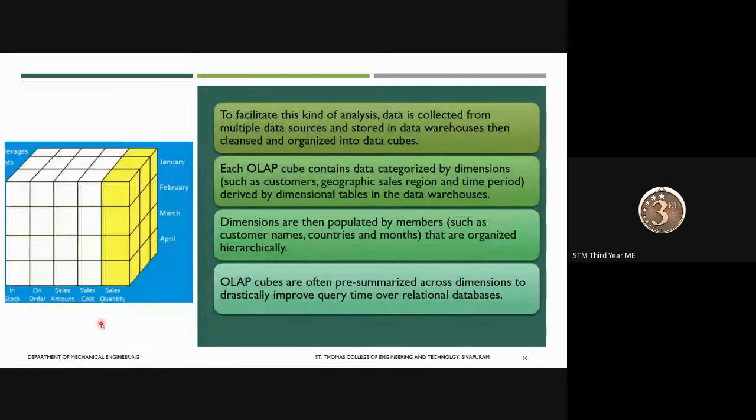Now, all the data that we are categorizing under the data mining operation for OLAP purposes is classified into cubes. You can see there is a picture shown here of cubes. You can also see the months categorized here: January, February, March, April.